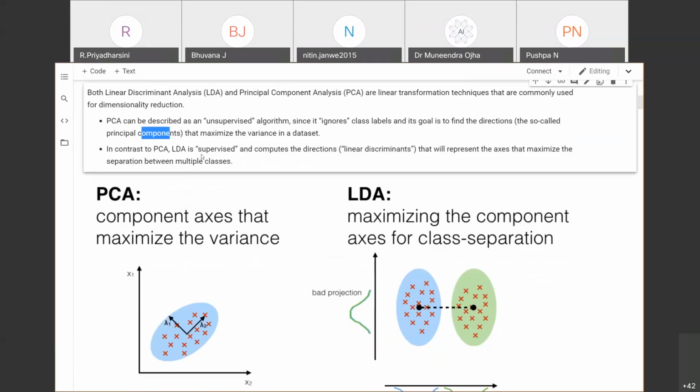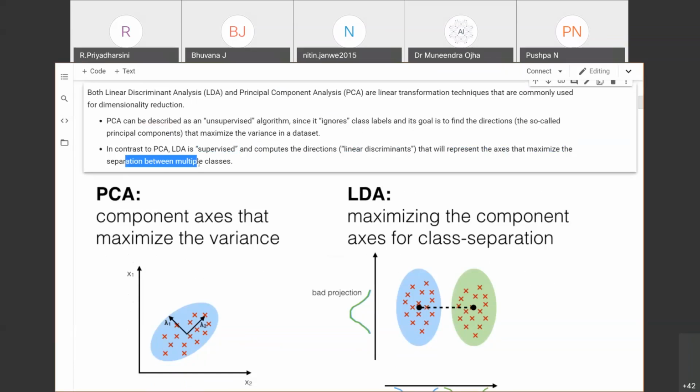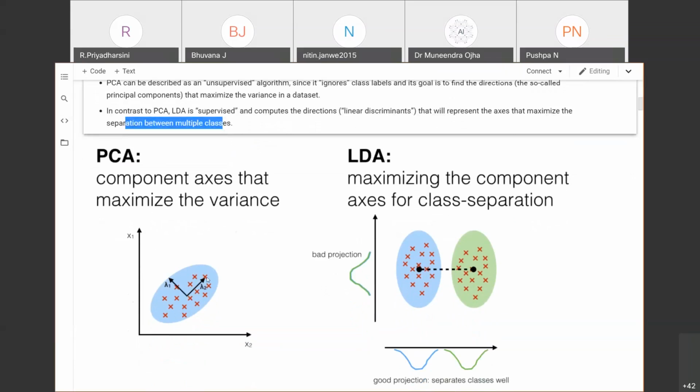However, LDA is a supervised algorithm and computes the directions that will represent the axes that maximize the separation between multiple classes. So we have to supervise such that this separation is maximum. With the help of this diagram, I think you will be able to understand.